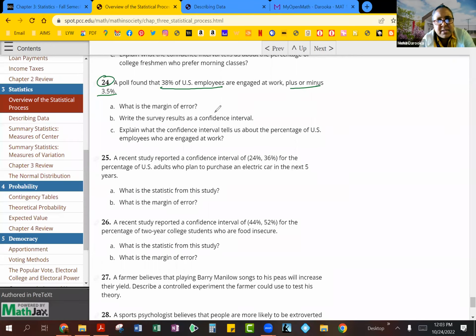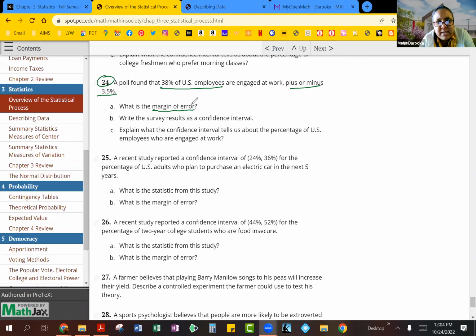They want to know what our margin of error is here. Are we subtracting the 3.5 or adding the 3.5 to the 38%? Not for the margin of error. Okay.